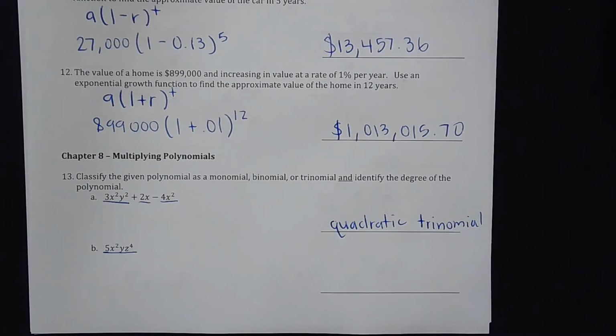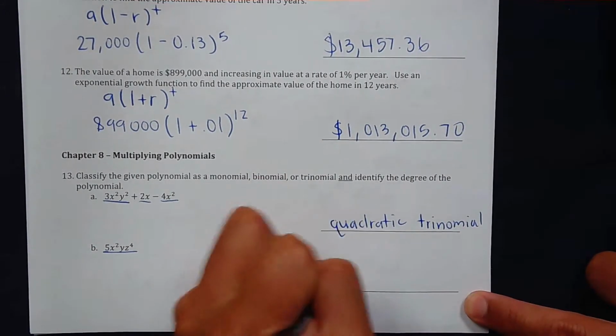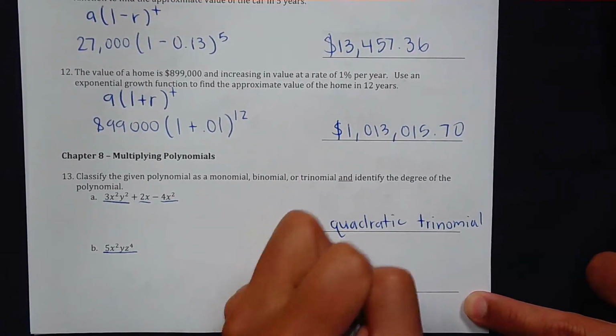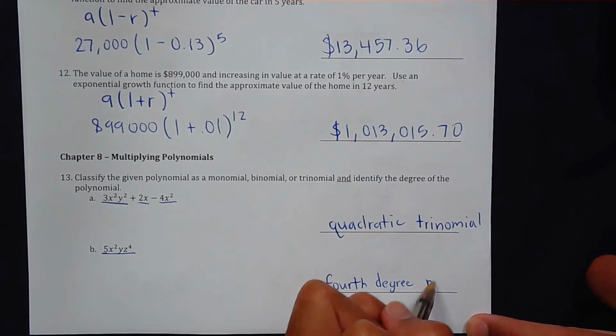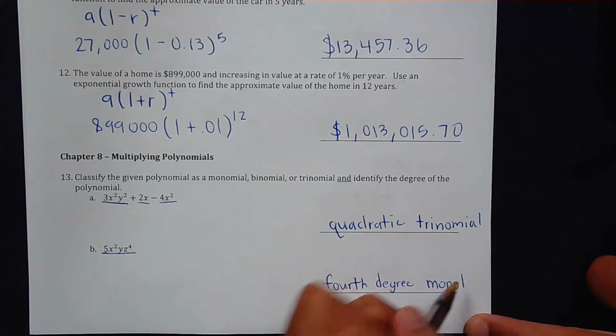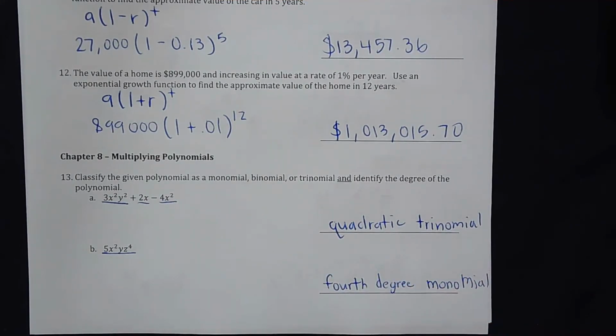So it's just 1 term. And then we haven't learned the vocabulary for this, so let's just say 4th degree monomial, right? Just 1 term. I almost misspelled it. Monomial.